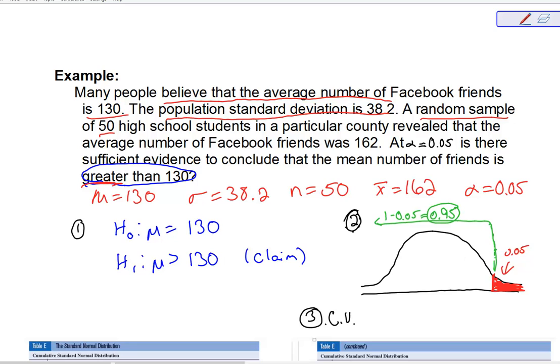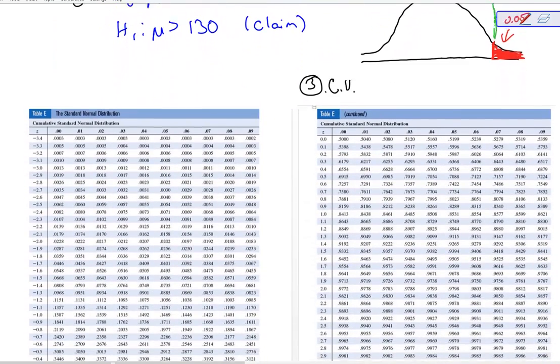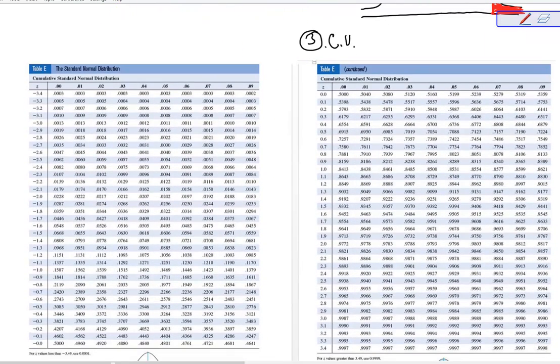So I come down to the center of my table and I look for 0.95. Here's 0.94. Here's 0.95, so I need to find out where they change. And it's right here. I've got 0.9495 and 0.9505.